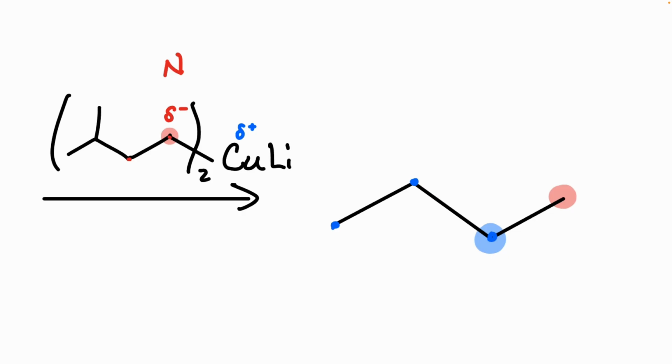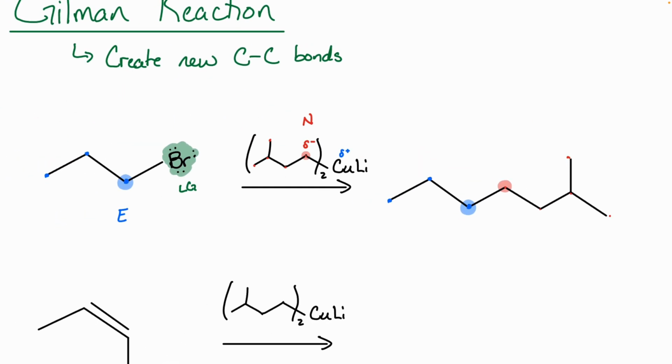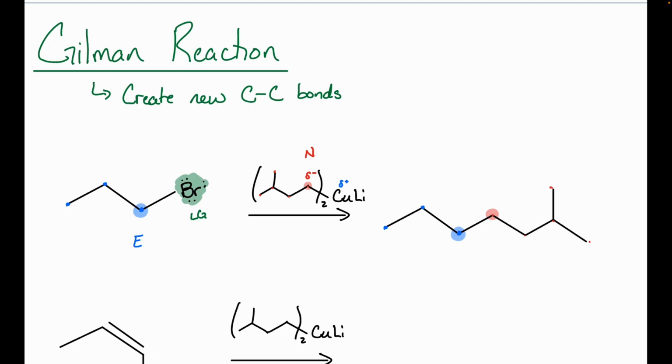So that's 1, 2, 3, 4, 5 total, with the fifth one having a little fork on the end. Go back and double check: 1, 2, 3, 4, 5, 6, 7, 8. Go back and count carbons. Really important.